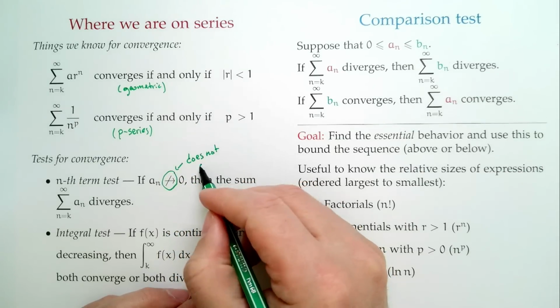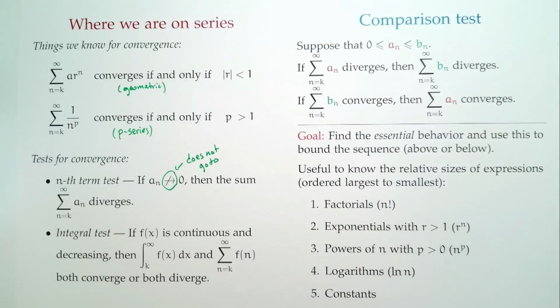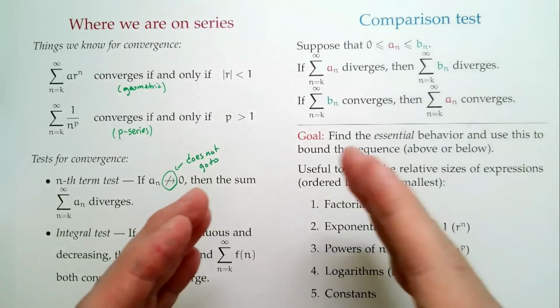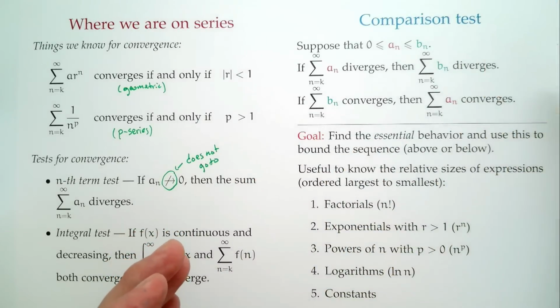If it goes to something else or doesn't converge, it doesn't really matter. As long as it's something other than 0, the sum diverges. Why? Because if you think about the partial sums, they're not settling down. They're still bumping way up or oscillating. You need to settle to converge.